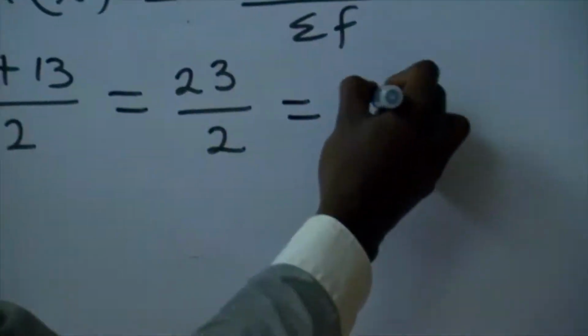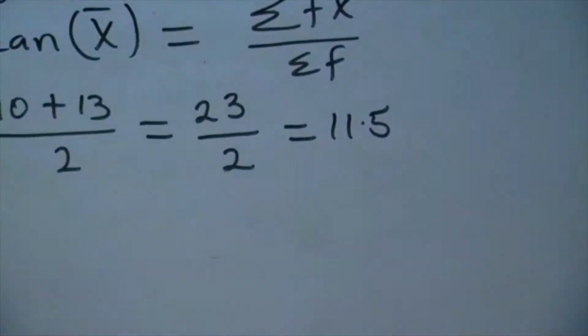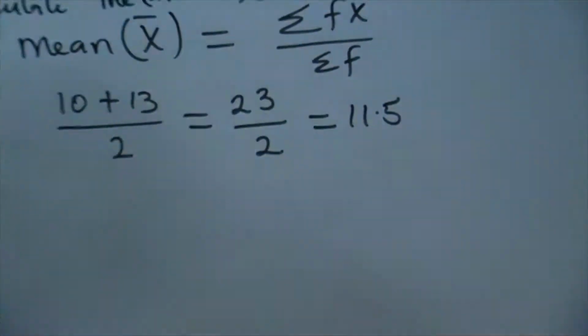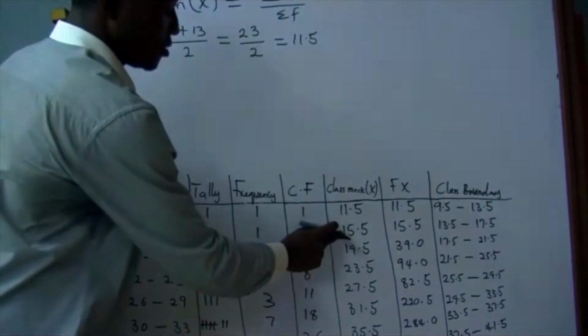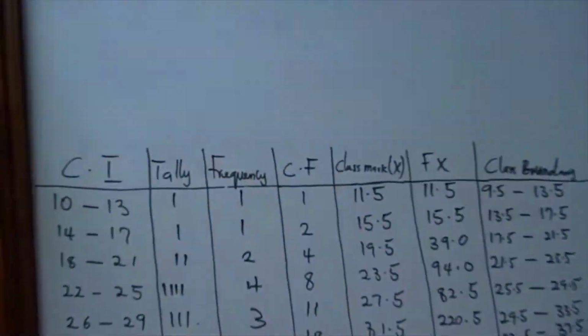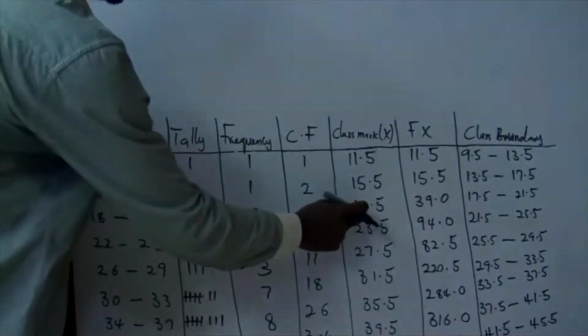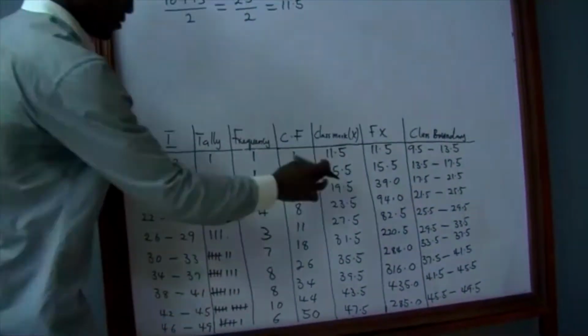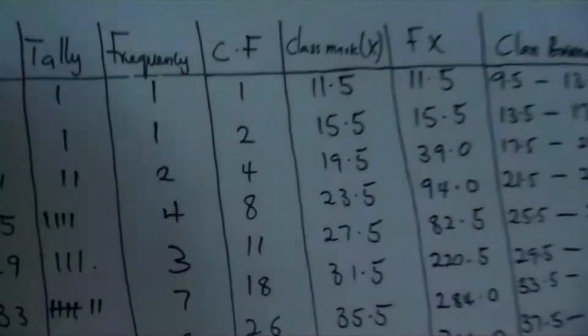That is 11.5. So for the second class mark, 14 plus 17 divided by 2 gives us 15.5. 18 plus 21 divided by 2 gives us 19.5. Up to this, 46 plus 49 divided by 2, which is 47.5.